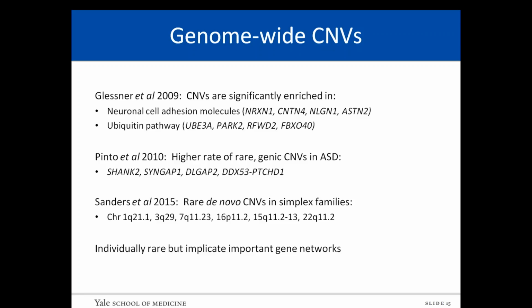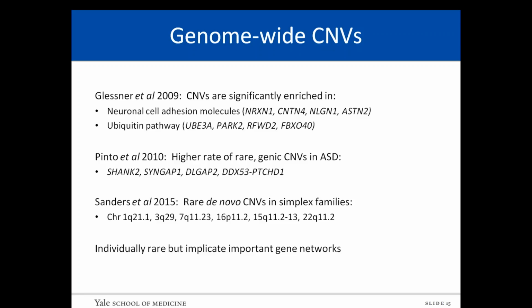But this group did an important thing, which is take a step back and ask, well, this diverse list of genes, are they all found in some common pathway? When they did this kind of analysis, they found that a number of genes code for neuronal cell adhesion molecules, so are involved in neuronal development, which seems plausible in autism. Another group of genes is involved in the ubiquitin pathway, which is involved in protein recycling.